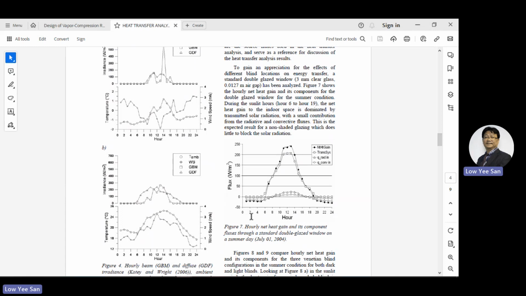Like this one, this is the flux, the heat that goes through the window with the Venetian blind at what time of the day. The 12 is the maximum lah. Then you can get the reading from here and put it into your calculation.